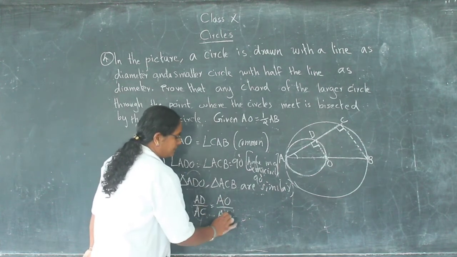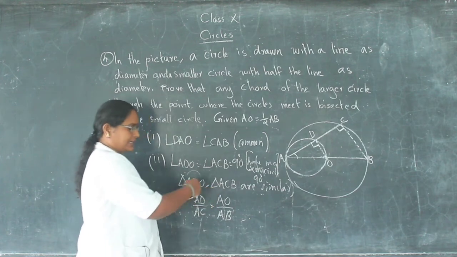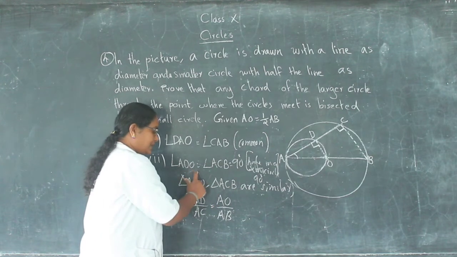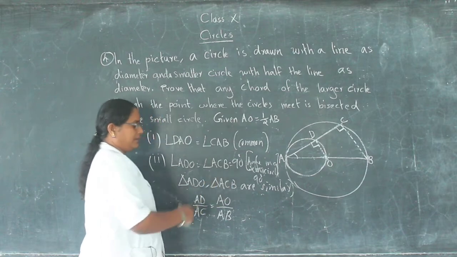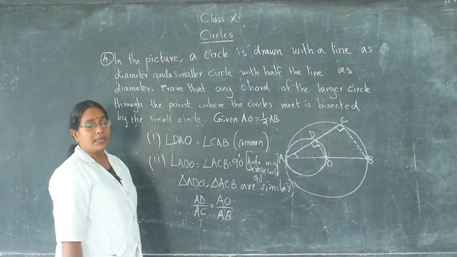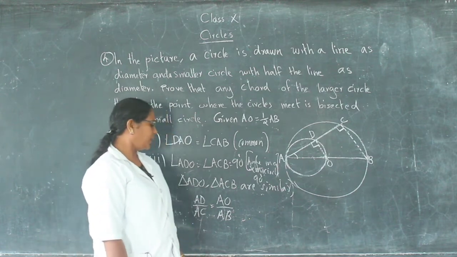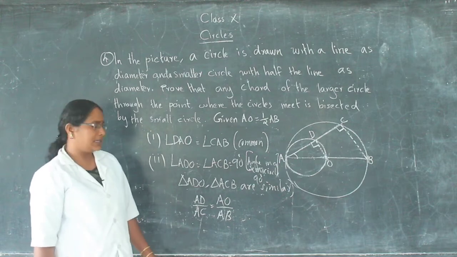AD by AC, then the corresponding side AO by AB, and next DO by CB. But I take two sides whose ratios are the same.